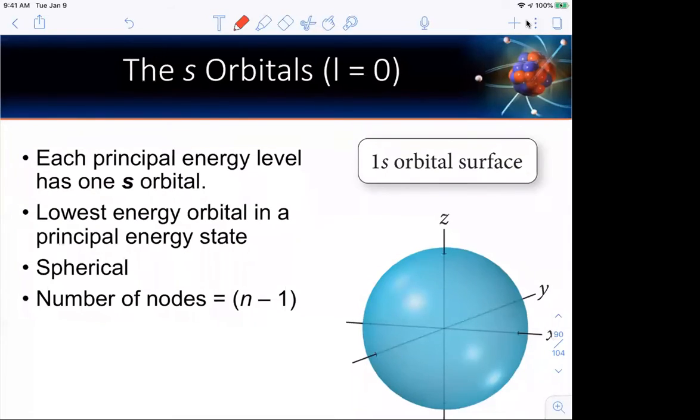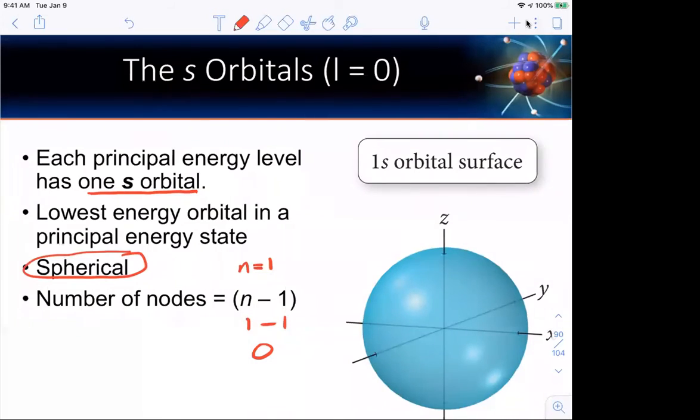So each principal energy level has one s orbital. This is the lowest energy orbital in any given energy level. It's going to be spherical, and the number of nodes is n minus 1. So when I'm in shell number 1, I have 1 minus 1, I have 0 nodes.